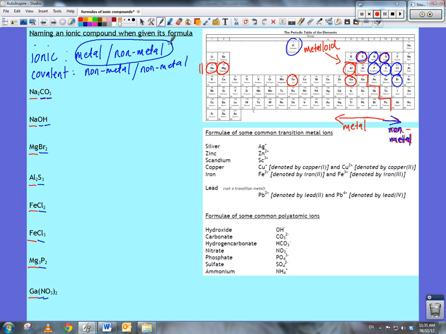So now we want to have a go at naming these compounds. I'm going to start with the compounds which only contain two elements. So I'm going to start with MgBr2. Well, we've decided already that that contains magnesium, and it also contains the element bromine.